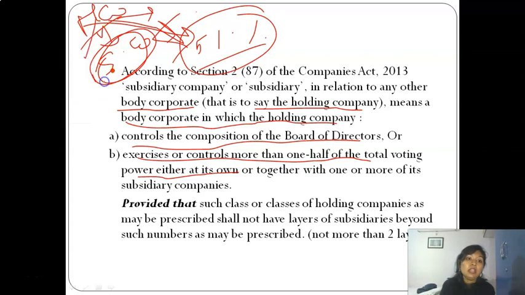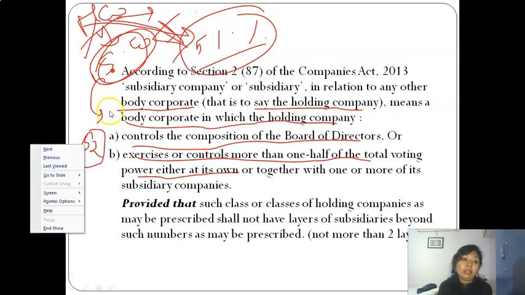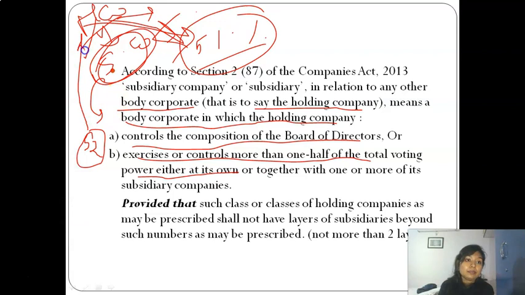And if such a subsidiary company purchases 51% shares or voting rights in S2 company, then for this S2 company also, this company will become the holding company. Legally this company will be the holding company, but this company will also be the holding company for S2. This is what has been given under, either on its own or together with one or more subsidiaries.